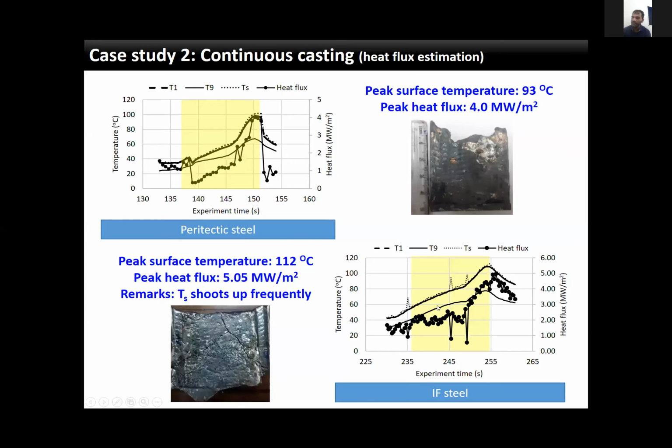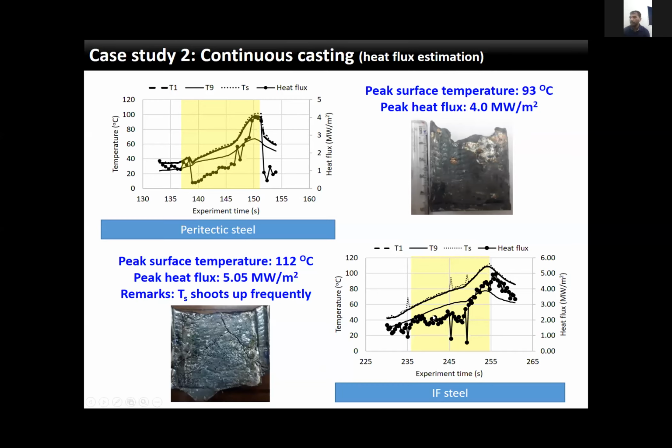But in case of IF steel, we can see there is a spike of surface temperature. It means the mold powder infiltration has not happened properly, and that is reflected in the heat flux also.